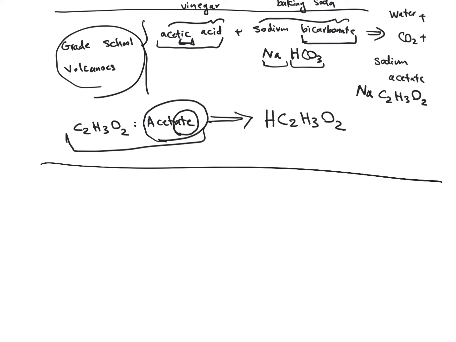Any question about this? I have a question. So the C2H3O2, that was acetate, and so then did it turn into acetic acid when you added the hydrogen? Is that what you're saying? Acetic acid, yes. So when the name of your polyanion ends with ATE, like acetate, you write the base name, but for the acid, you change it to IC.